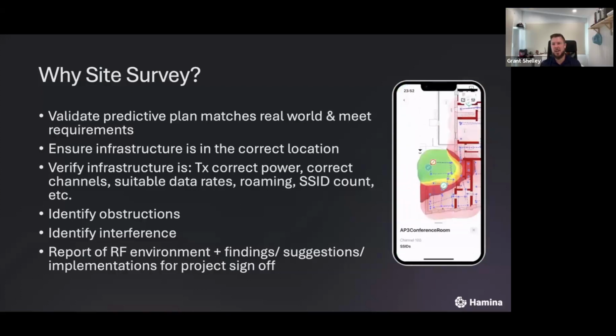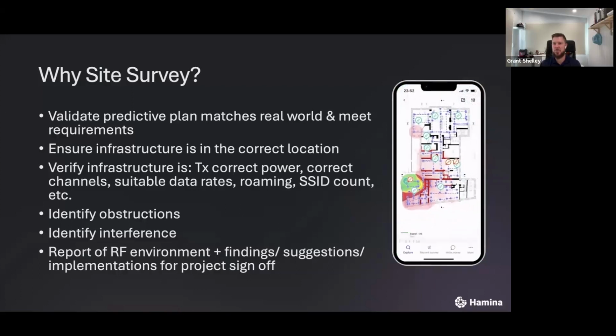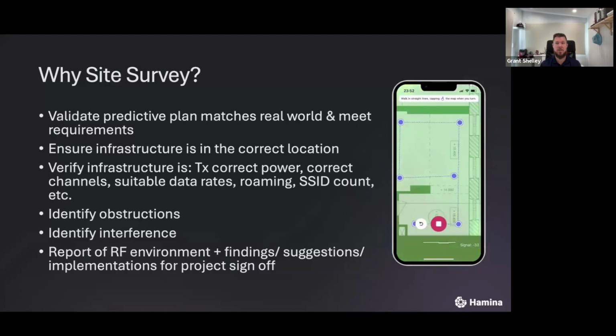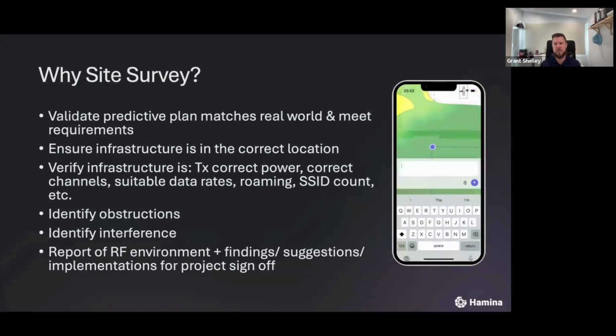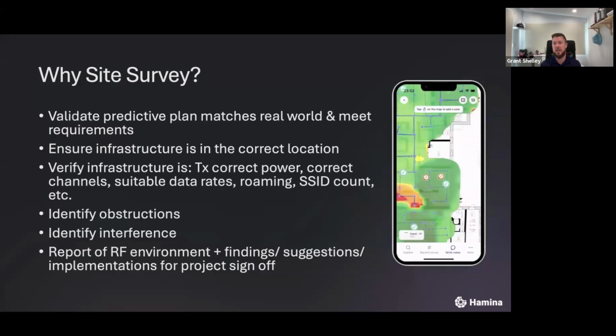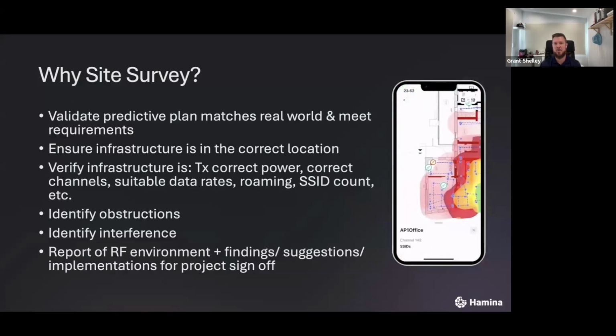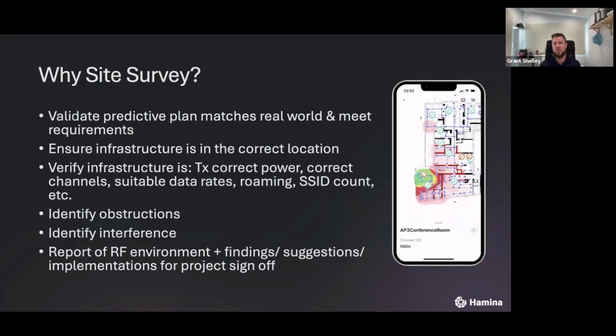Yes, so I get asked that quite a lot actually: can your product help locate where the access points are? And I know that with a lot of modern Wi-Fi networks and with a lot of vendors, there's a lot of integration between Hamina and Wi-Fi vendors around locationing of access points. But we've also got to think that a lot of networks hold on to their APs for quite a while.